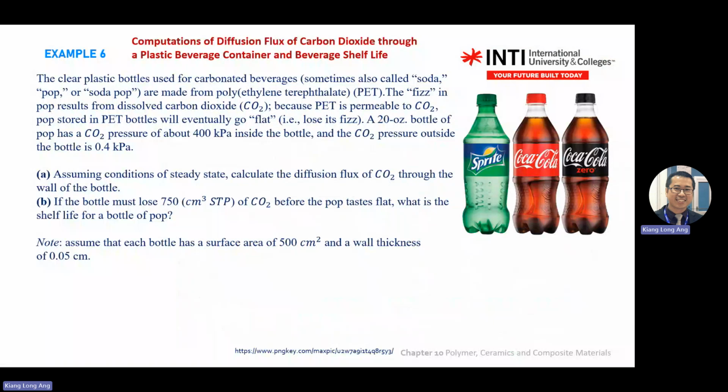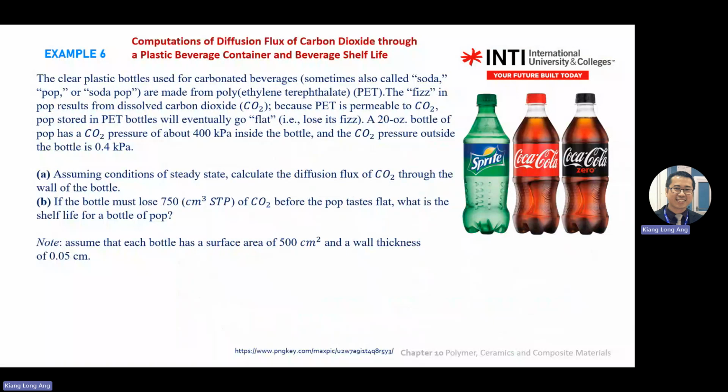Permeable means CO2 can come out through the plastic. So a 20 ounce bottle of pop has a CO2 pressure of about 400 kilopascal inside the bottle. The CO2 pressure outside is 0.4 kilopascal. So you need to solve this.